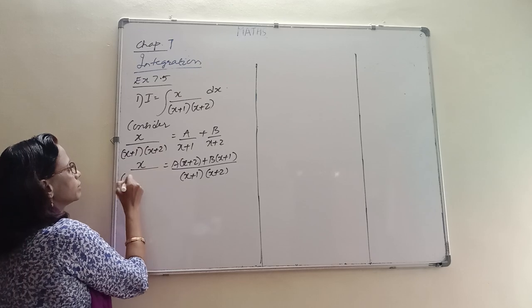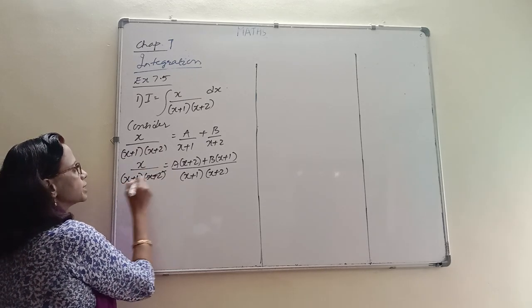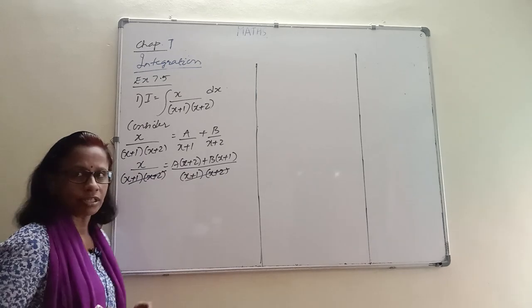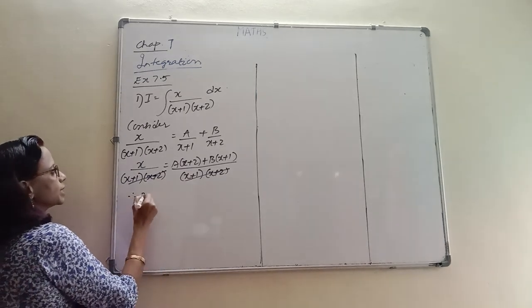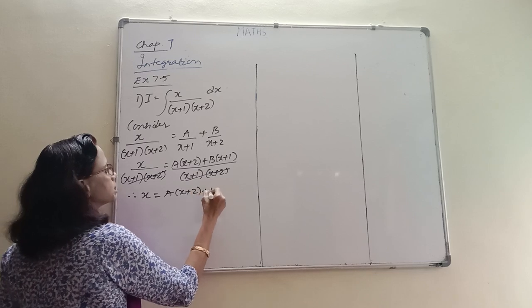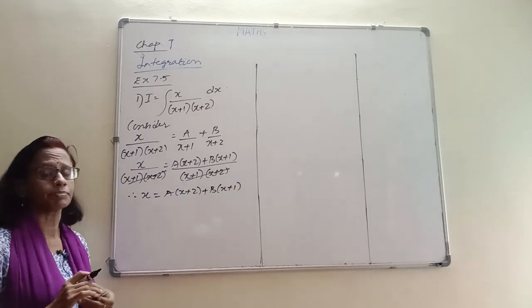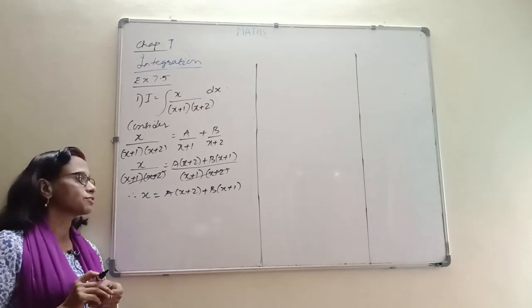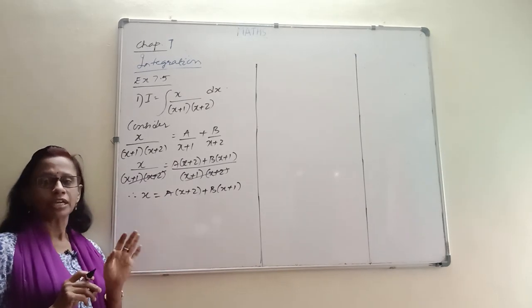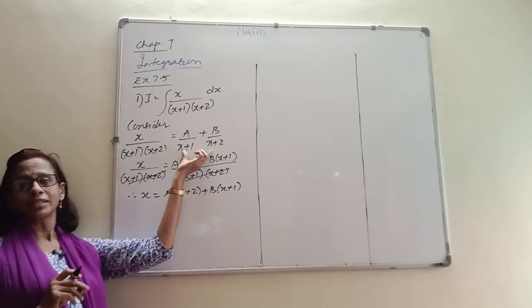Comparing with what we have written here, the denominators on both sides are equal, so they can cancel each other. We are left with x equal to a times x plus 2 plus b times x plus 1. In the method of partial fractions, it is for us to find a and b.